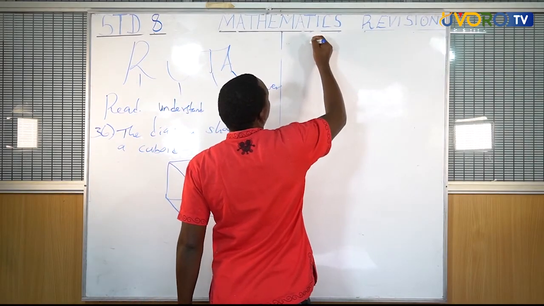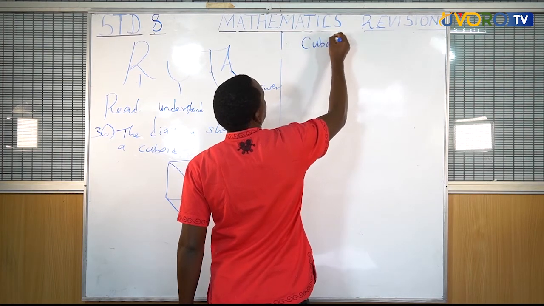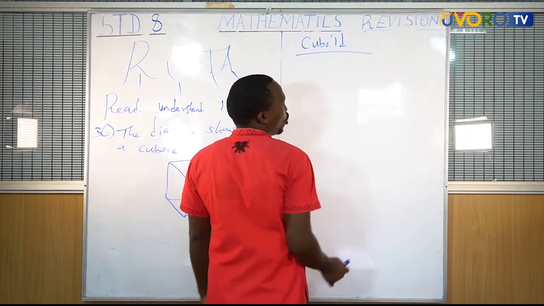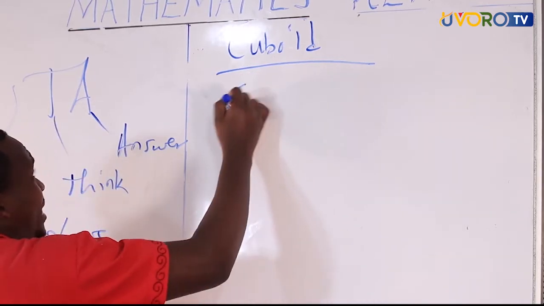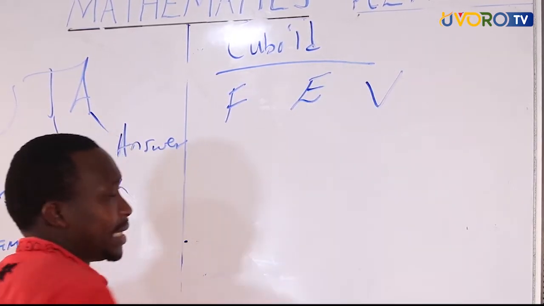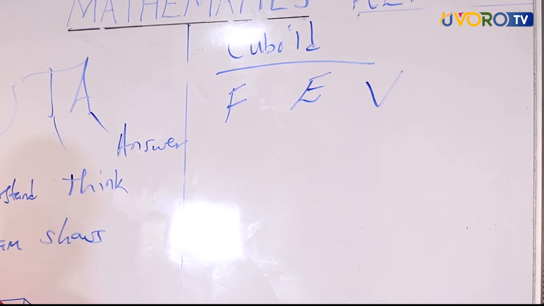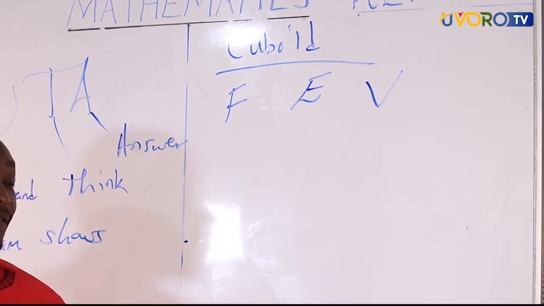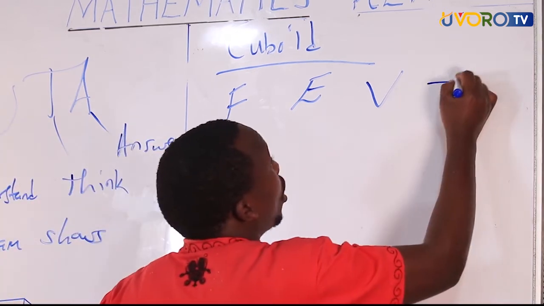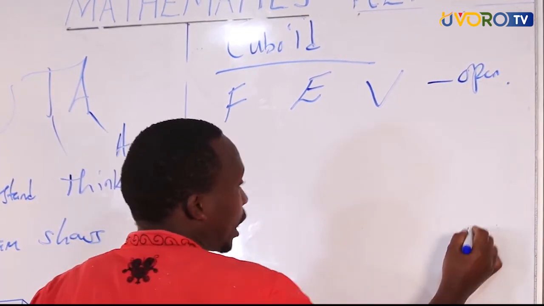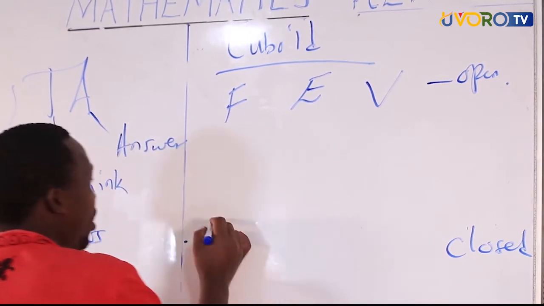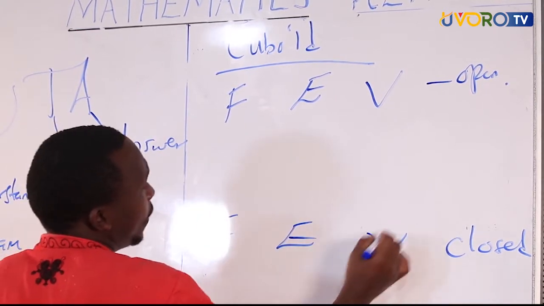Now, open cuboid. You have faces, edges, vertices, what we call FEV. This is for the open. For the closed, we have this formula. Don't forget this formula forever.